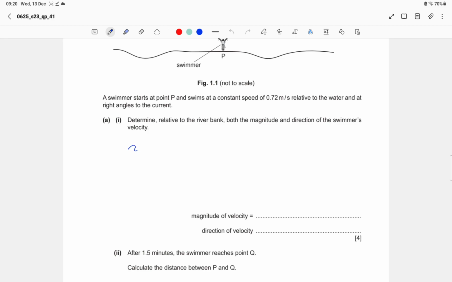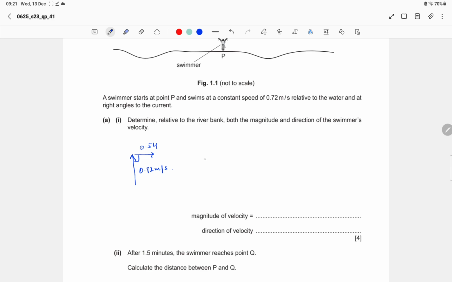So over here, what you need to do is find out: the swimmer is moving in this direction, which is around 0.72. This is the velocity of the swimmer, and the current is moving in this direction, and this is going to be 0.54. So if you apply the right angle rule or Pythagoras theorem, you can get this answer.